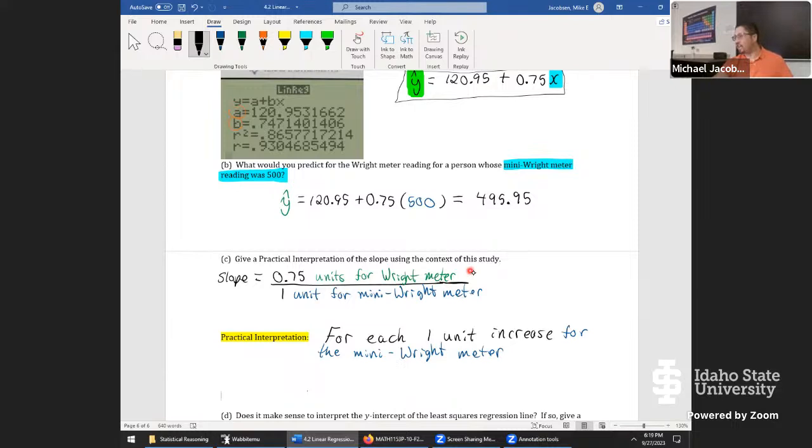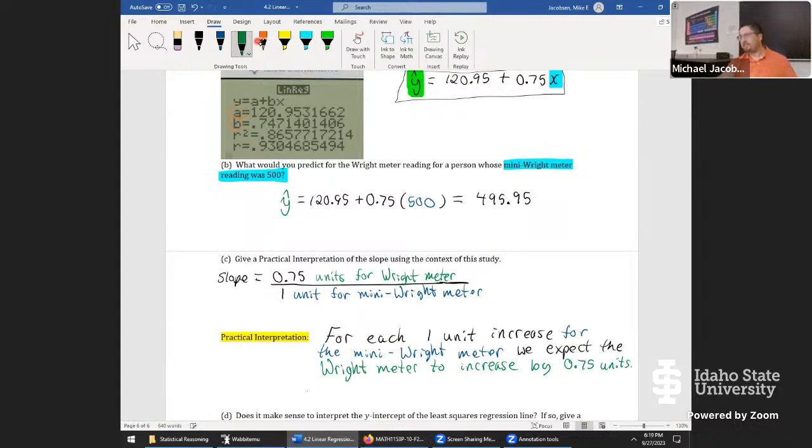So I'll say here, that's a lot of writing. We expect the right meter to increase by 0.75 units. Again, they never told us what the units were, so I'll just say units generically.